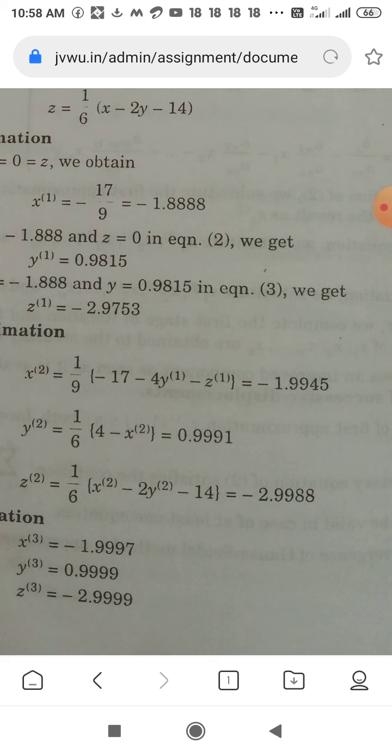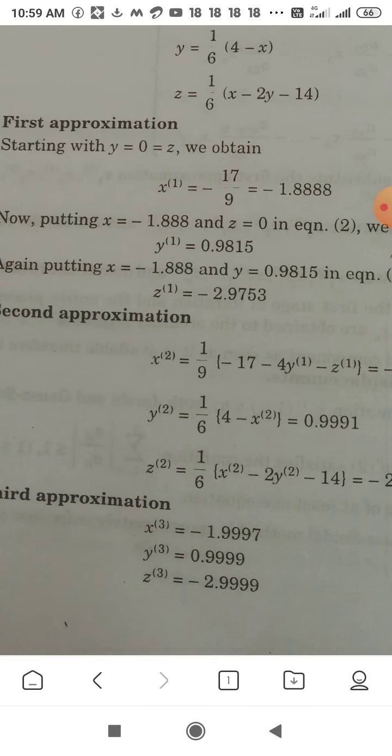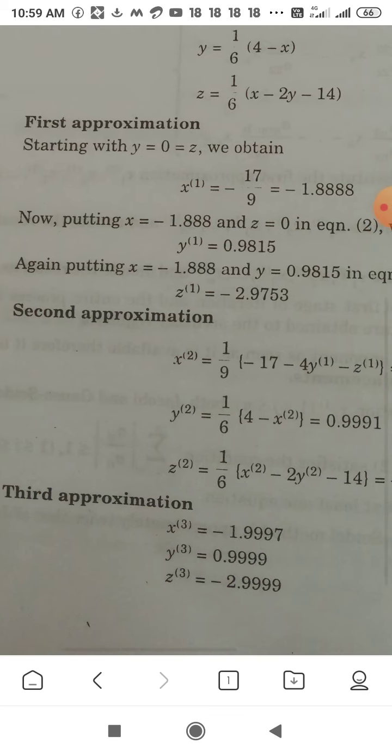Similarly y2 is 1 upon 6 bracket 4 minus x2; putting x2, we get 0.9991. Similarly z2 is 1 by 6 bracket x2 minus 2y2 minus 14; putting these values, we get minus 2.998. So this is the second approximation.